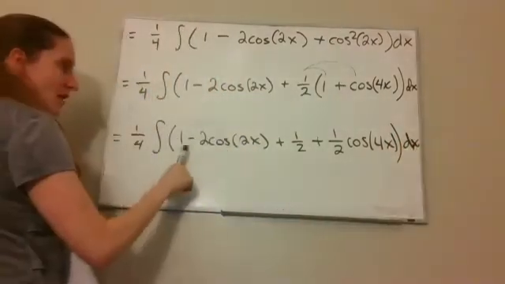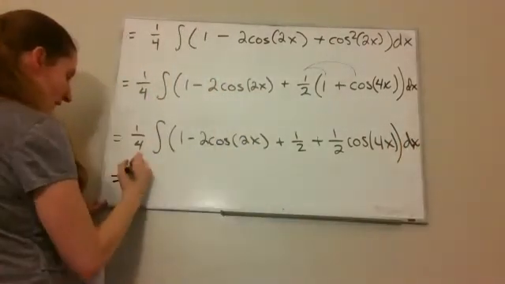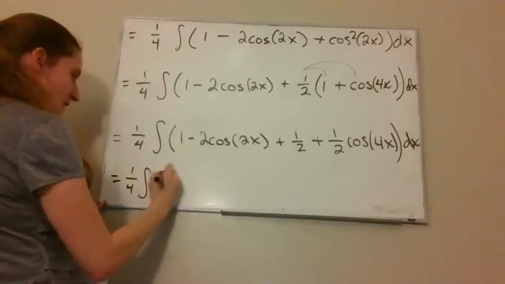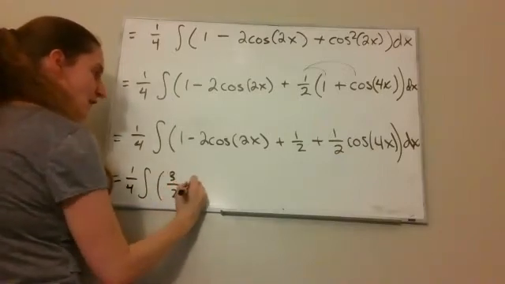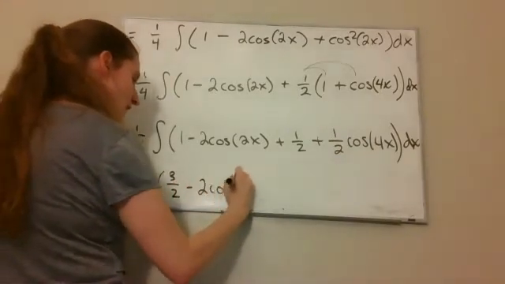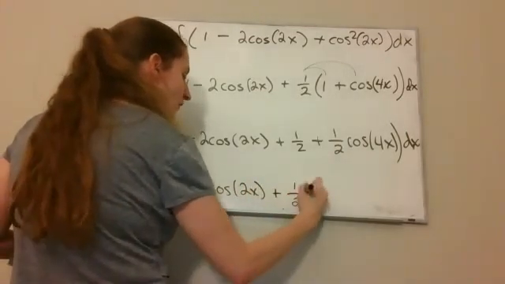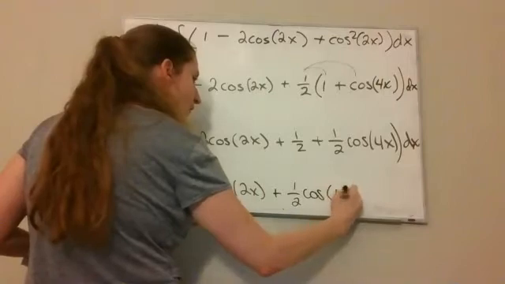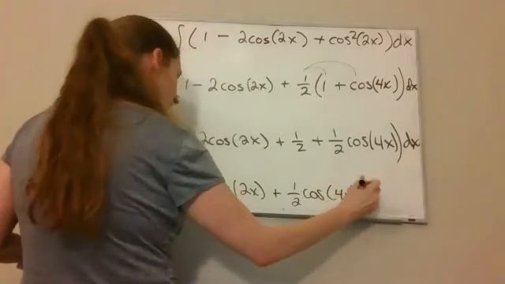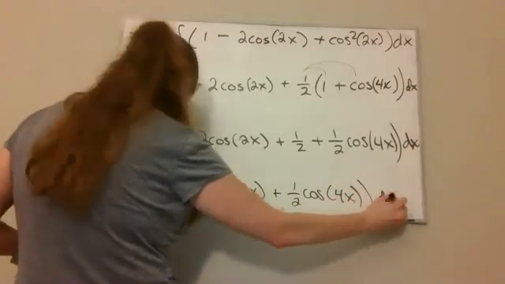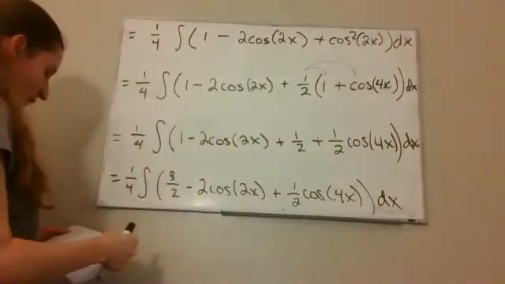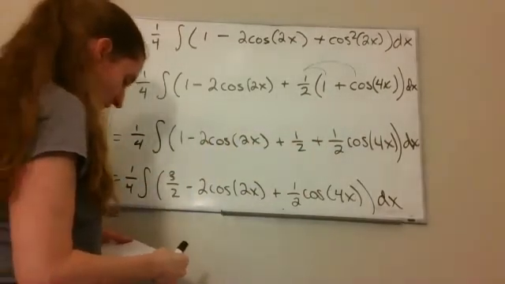And I can combine my 1 and my 1/2 together to be 3/2 minus 2 cosine of 2x plus 1/2 cosine of 4x dx. And now we're ready to do the antiderivative.